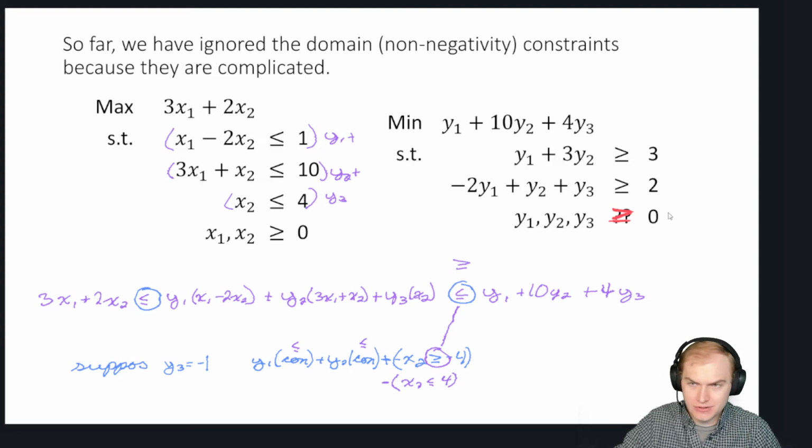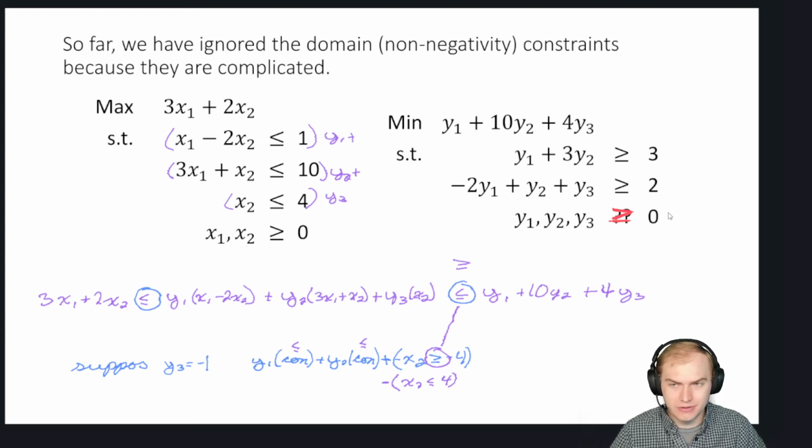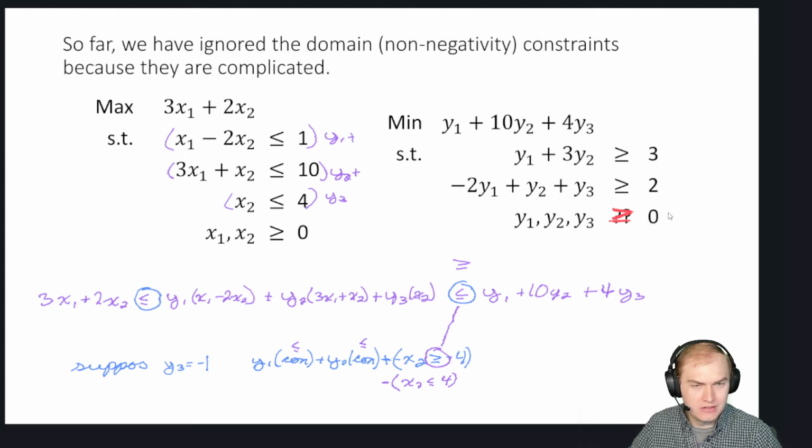So all three of our constraints here are less than or equal to, so all three of our variables need to be greater than or equal to 0.